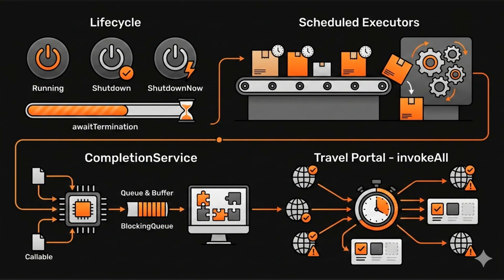We even simulated a high load travel portal using the invokeAll method to prove we can handle failures without ruining the user experience. One last thing to remember, don't just throw threads at a problem, design your tasks appropriately.